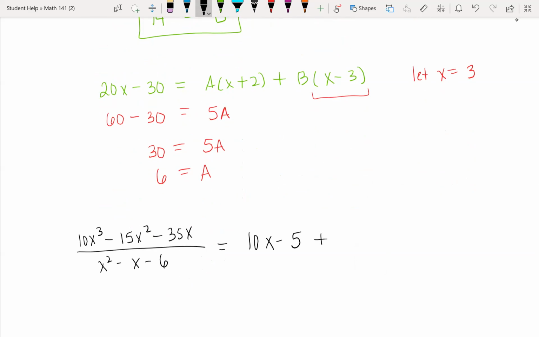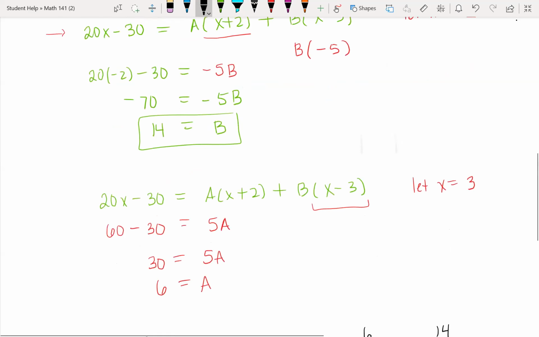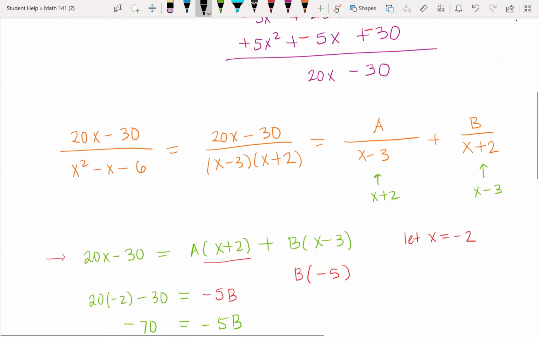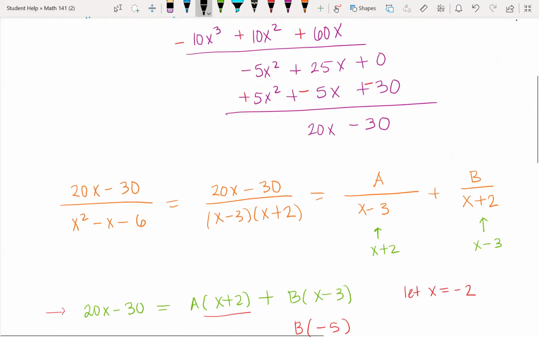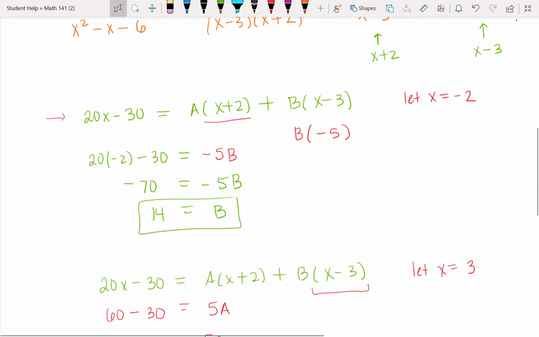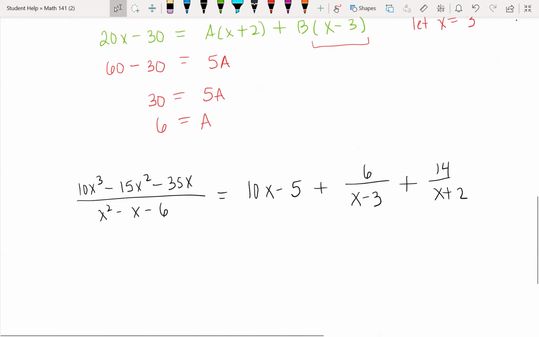And then we have two fractions. We have 6 over x minus 3, and we have 14 over x plus 2. Just make sure I wrote that in the right order. Yeah, x minus 3 was first, and x plus 2 was second.